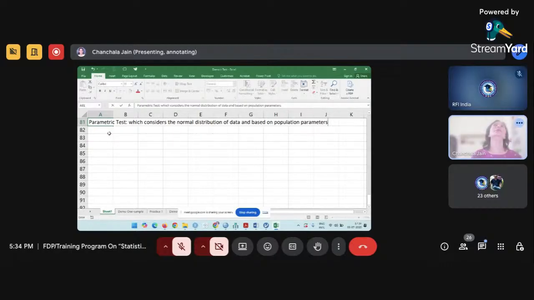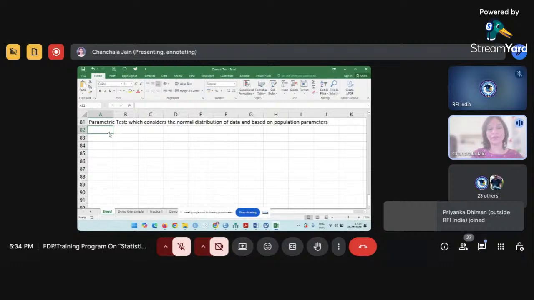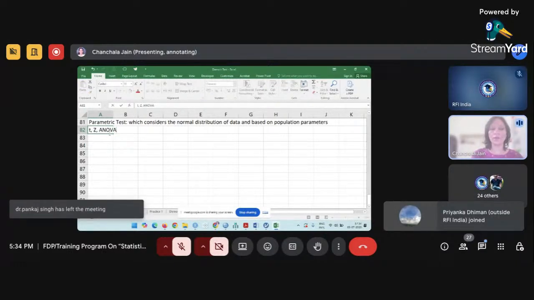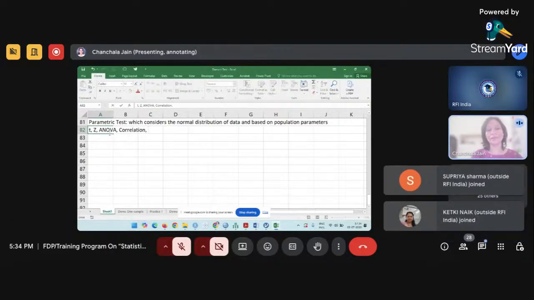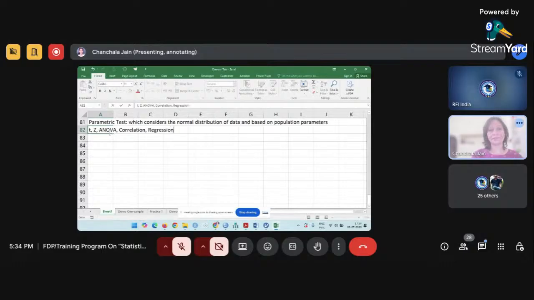Second condition is generally when we are inferring the population parameters, so we are using the parametric tests, right? Under this category, we can keep t-test, z-test, ANOVA, one-way, two-way, correlation, regression. All these can come under the parametric test category, right?